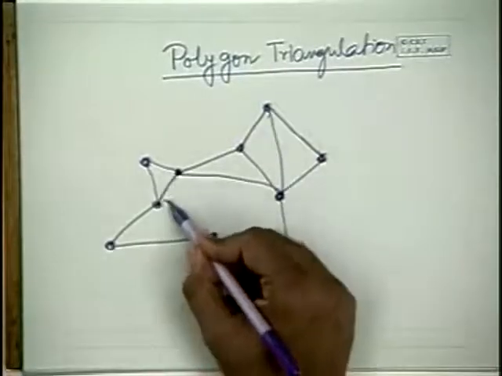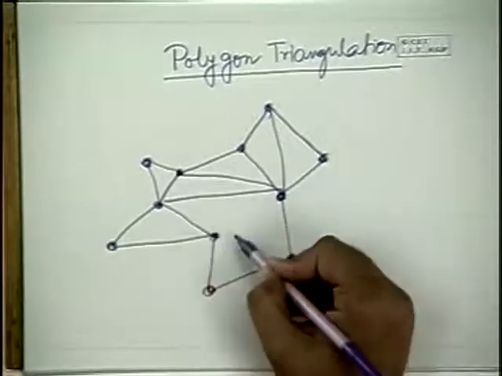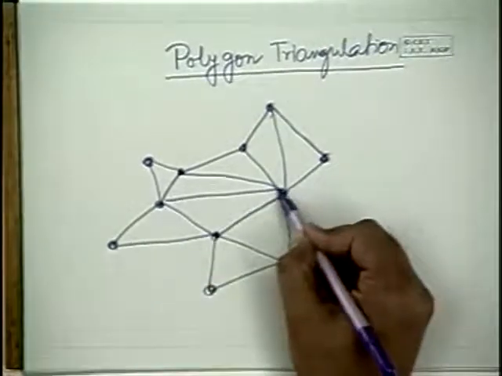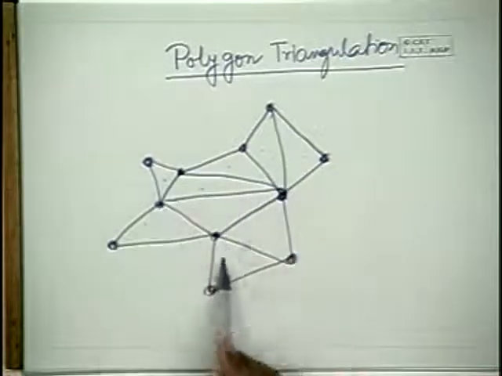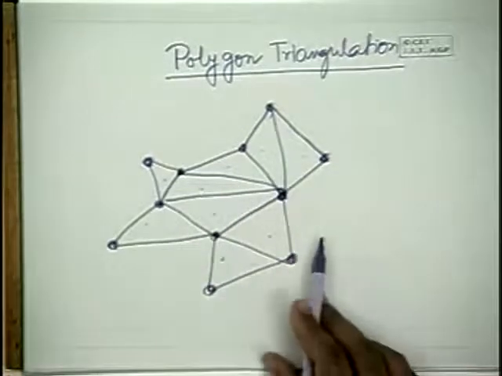Okay, I'm just drawing one. You can see each one is a triangle now. So entire polygon now is expressed as a union of these triangles. And the vertices of the triangles are coming from the vertices of the polygon only. You cannot use any more vertices. So this is called the polygon triangulation.